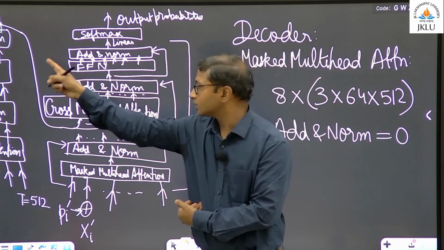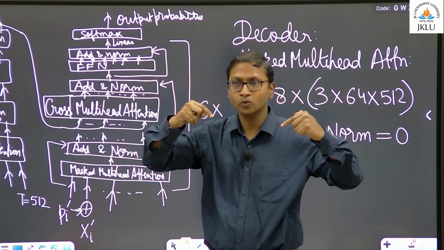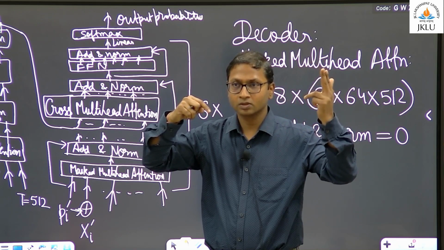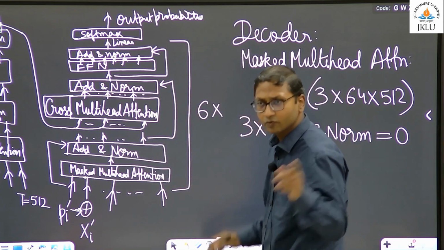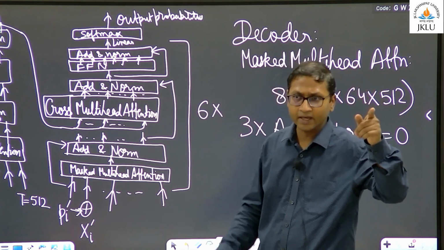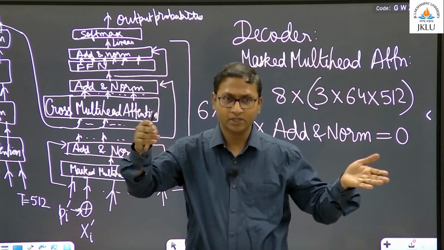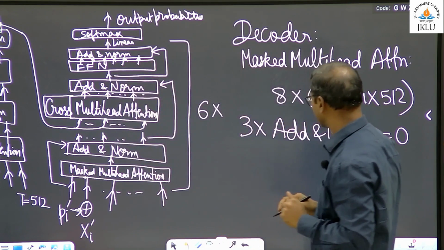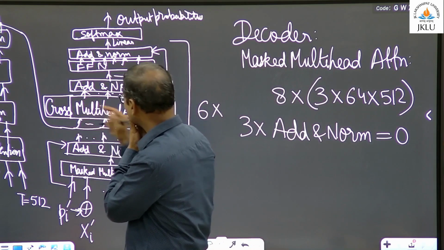See, I am computing Q transpose, is that right? What was the equation? Softmax of Q transpose K divided by under root dk, and then this whole thing, the softmax of this thing, multiplied with V. So this is fine.